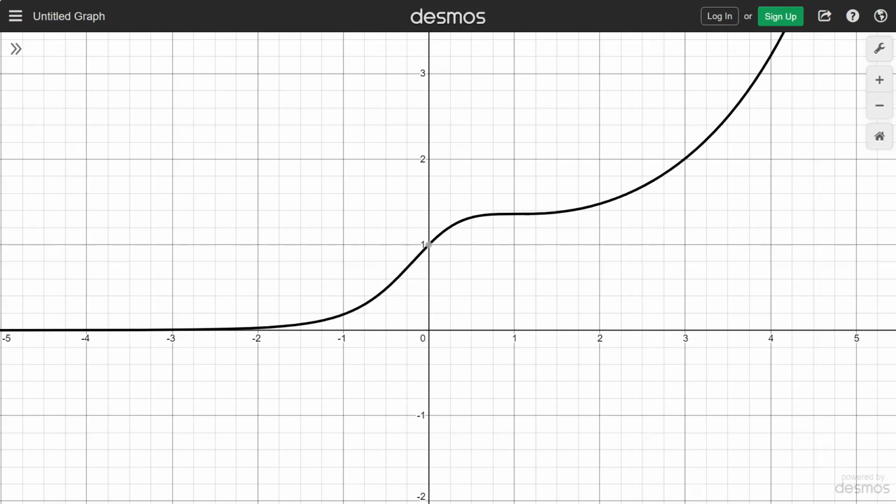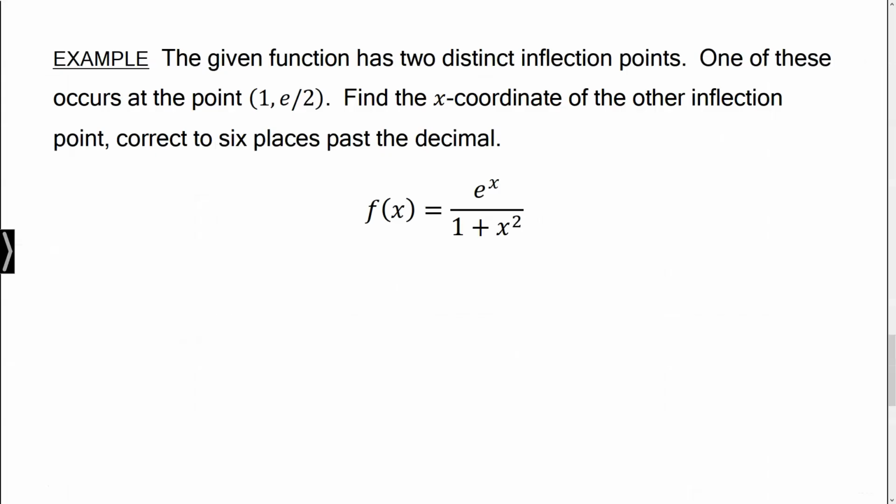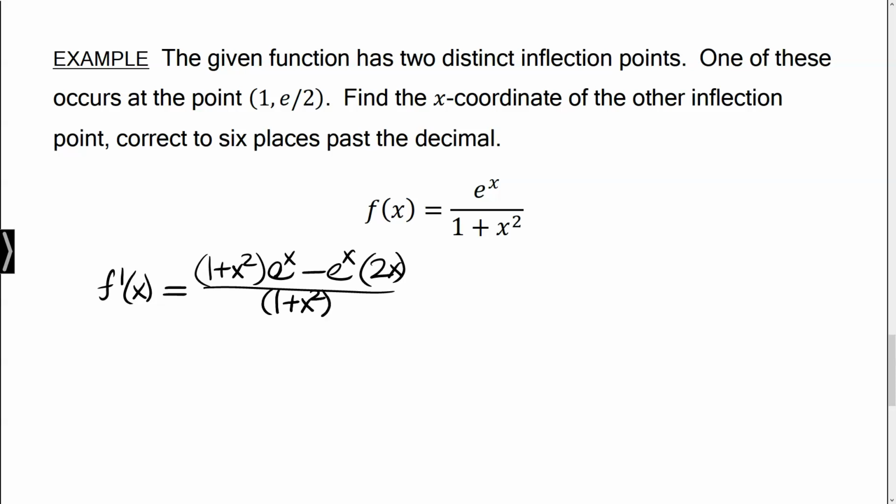So we have to calculate the derivatives. All right, this is kind of a mess for the derivatives, but let's go through it. It's denominator times derivative of the numerator, minus numerator times derivative of the denominator, all over denominator squared.